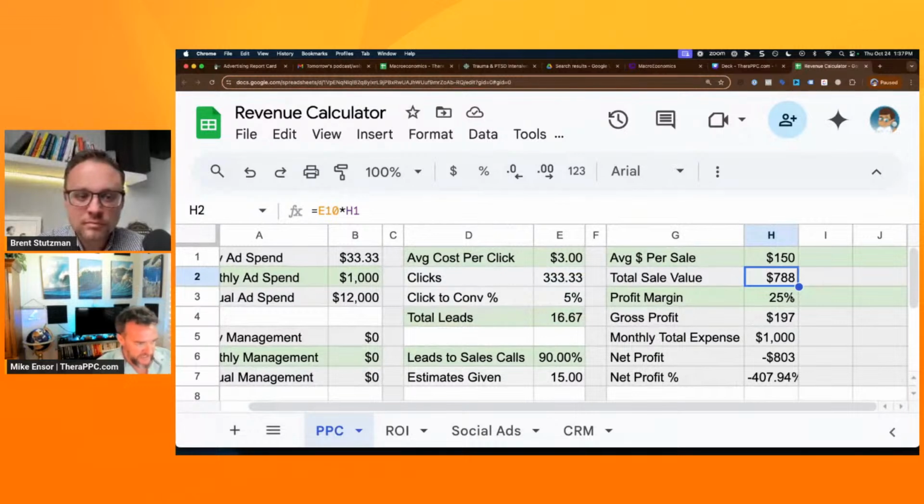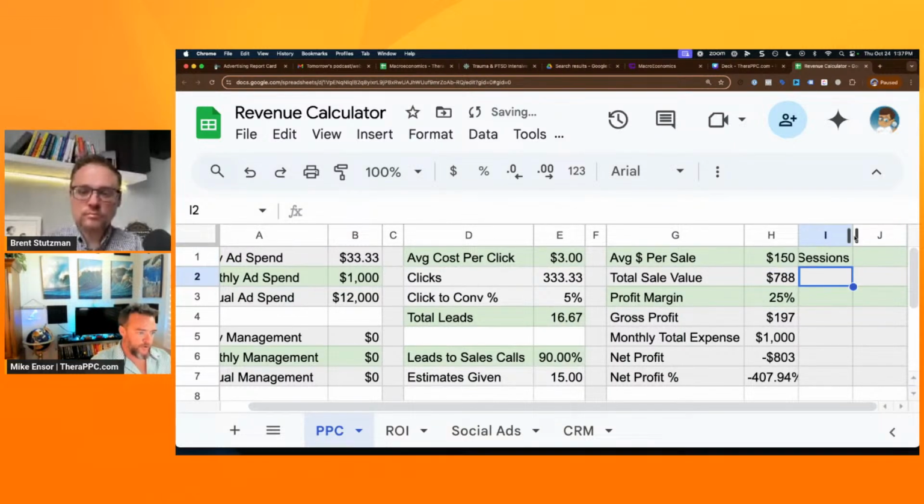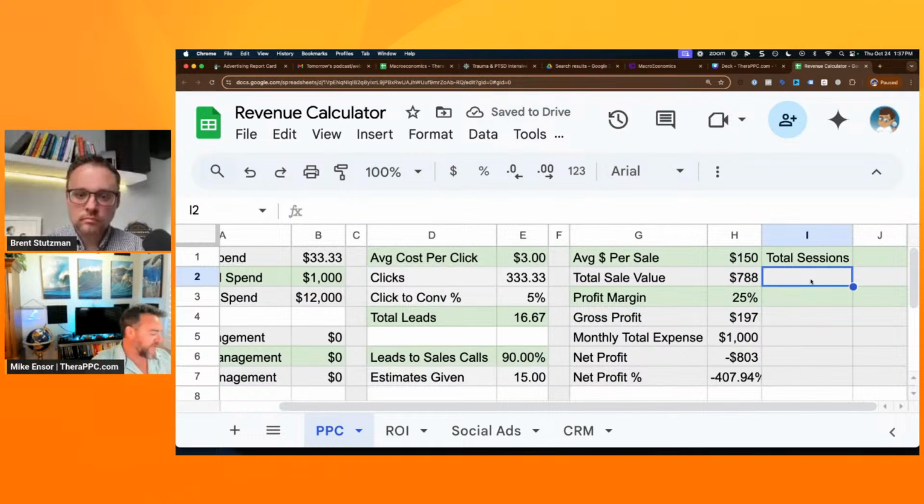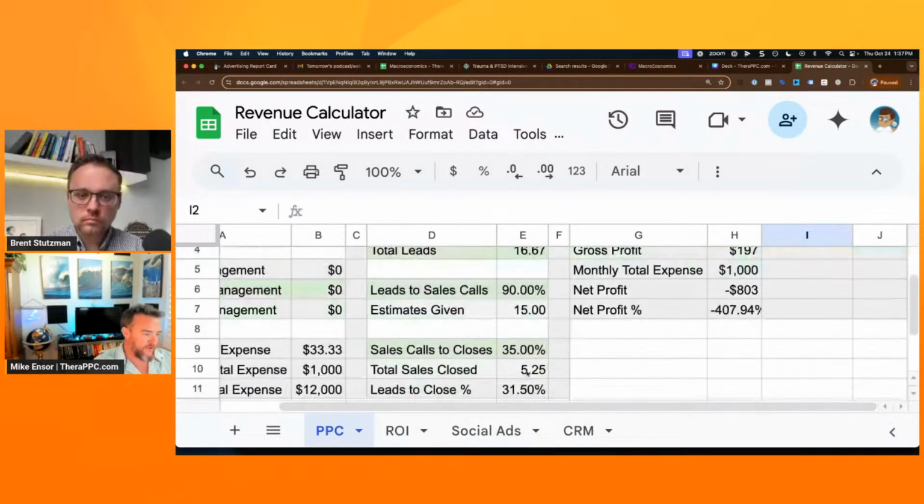But the reality is, how many sessions an individual person is doing total on average. So let's say you have a client cancel or stop service every month. You have one client end service every month. That means that your gross total clients is not 5, it's going to be 4.